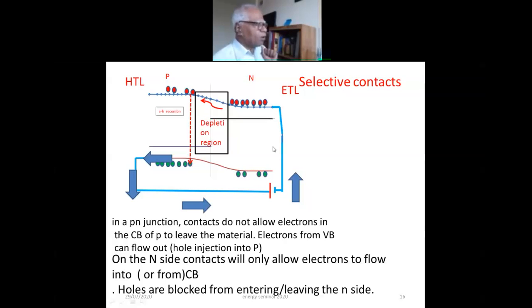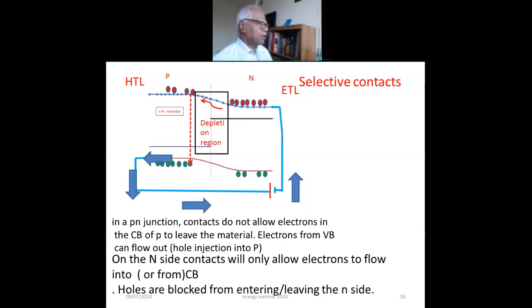And this is very important because what this says is the current is only a recombination current. J naught is a recombination current. So the current you can control by controlling the number of recombination events.